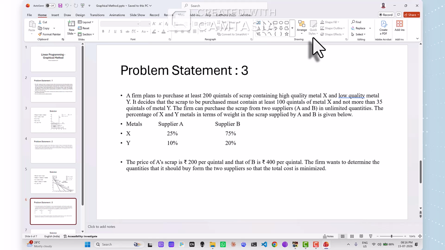Metal Y supplier A 10%, supplier B 20%. The price of A scrap is rupees 200 per quintal and that of B is 400 per quintal. The firm wants to determine the quantities that it should buy from the two suppliers so that total cost is minimized. So the formulation of the problem, let us see.